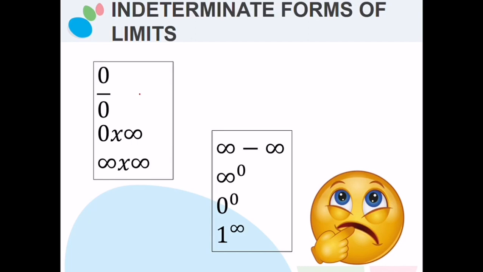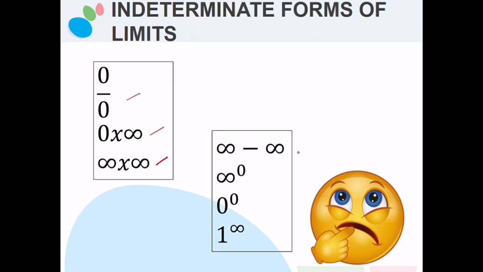When you arrive at a final answer like 0 over 0, or 0 divided by 0, this is an indeterminate form. 0 times infinity is also an indeterminate form. Infinity times infinity, this is also an indeterminate form.